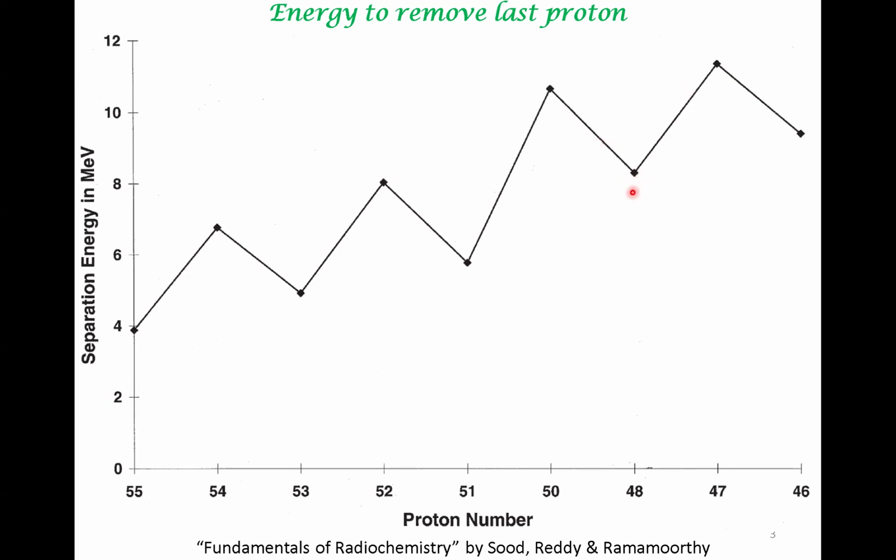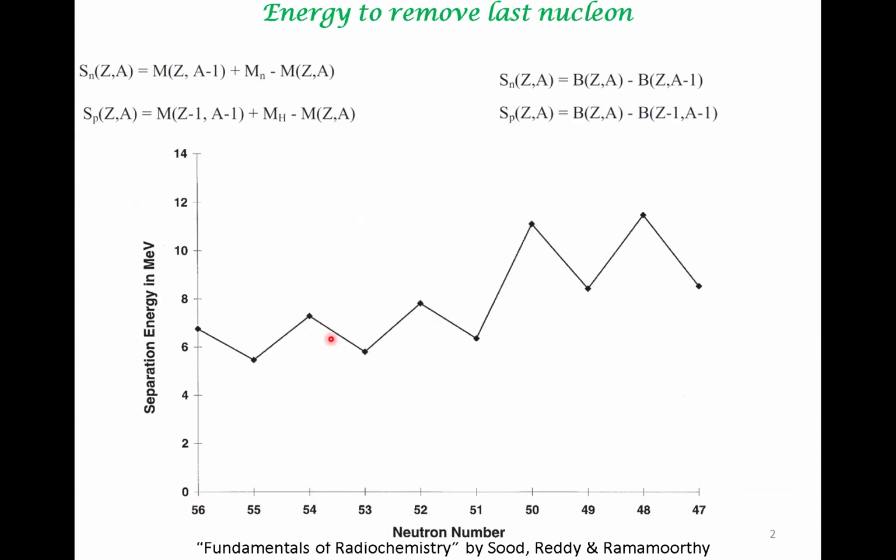There is some variation here, but in general, the observation is that the energy required to remove a proton from a nucleus that has an even number of protons is greater, similar to the neutron observation.